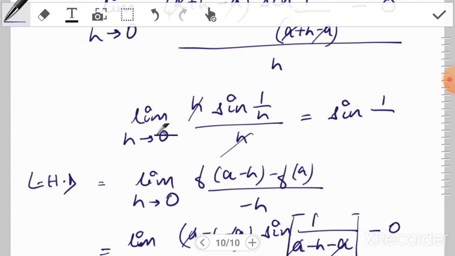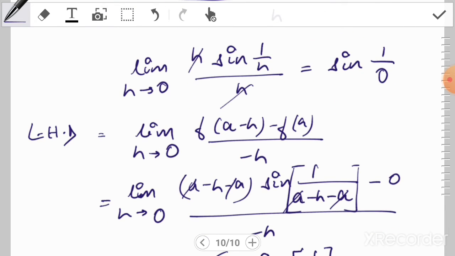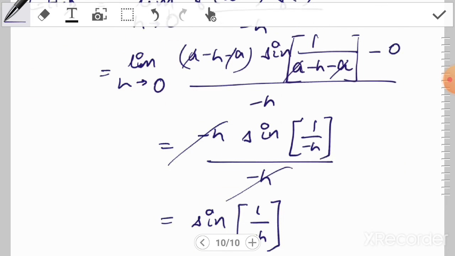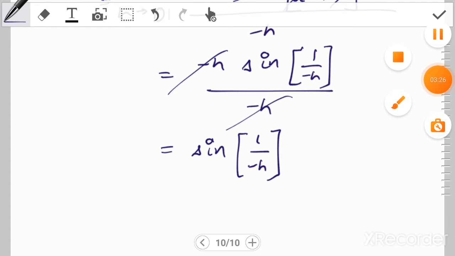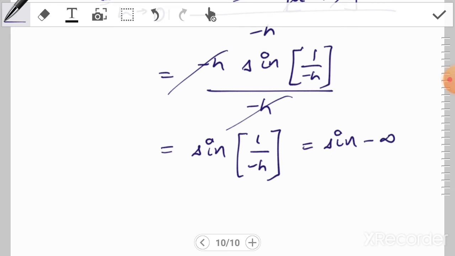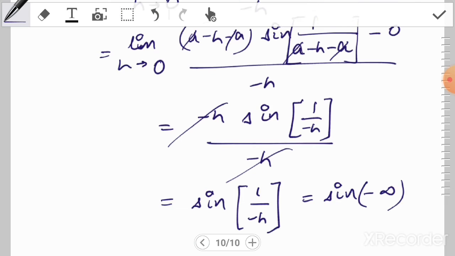So sine 1 by h, which is sine 1 by 0, which is sine infinity, and here sine 1 by minus h is sine of minus infinity. So which is not equal.